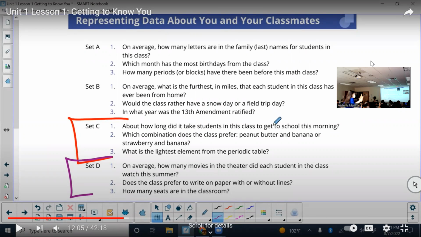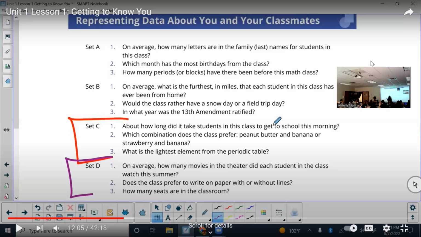For example, if we're looking at set C, about how long did it take students in this class to get to school this morning, would I go to the other person in my class and say that word for word? They would maybe guess. You wouldn't ask that. Instead, you would say, how long did it take you to get to class? That's what we mean by converting it to a survey question.